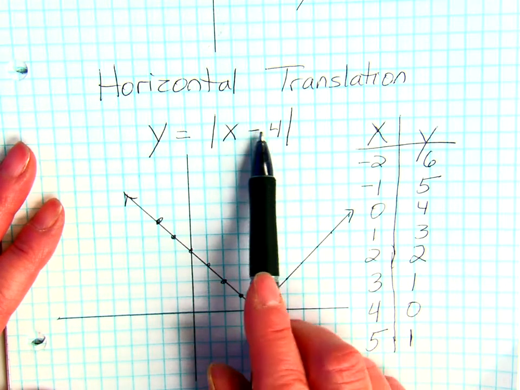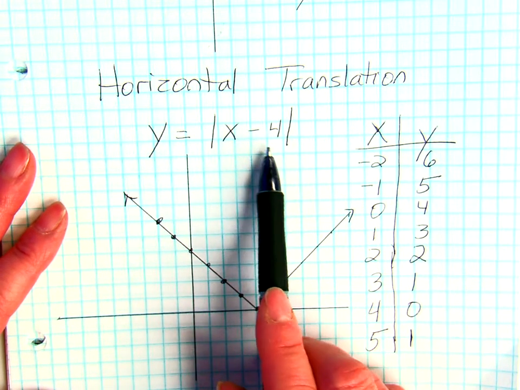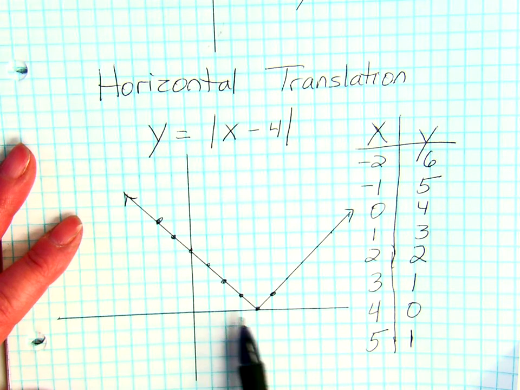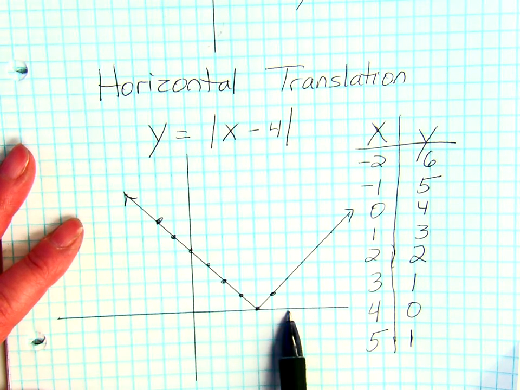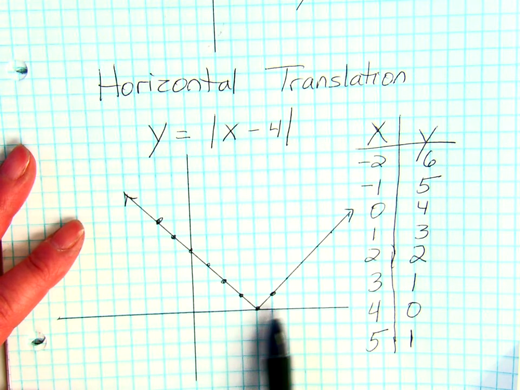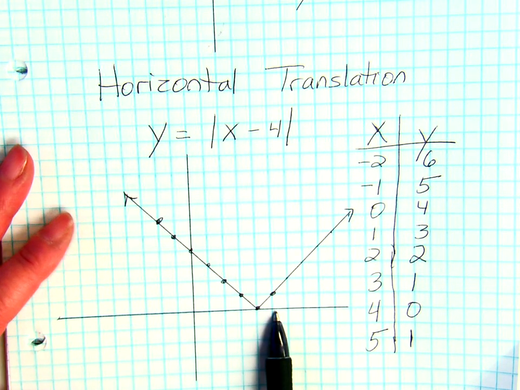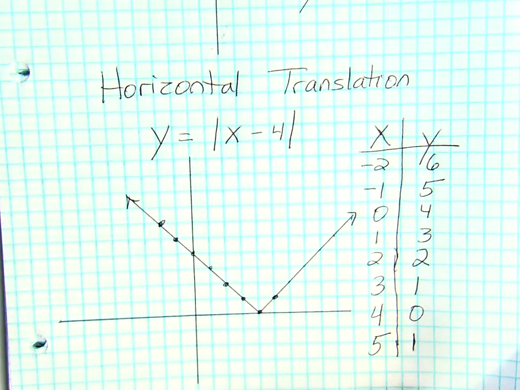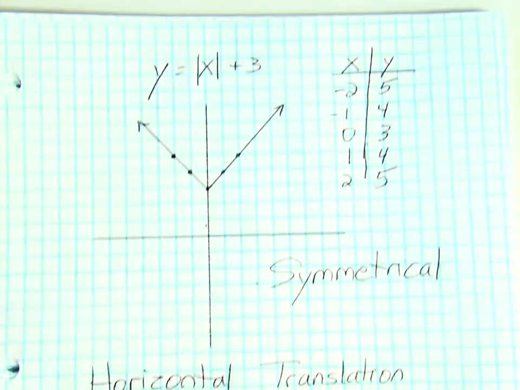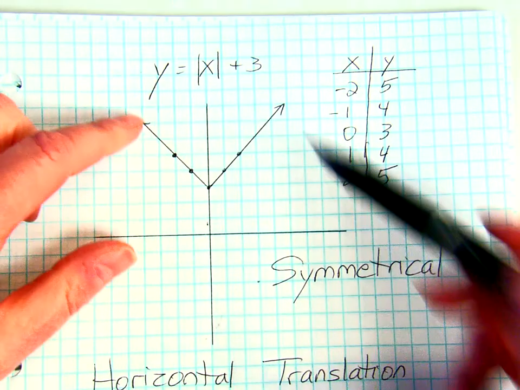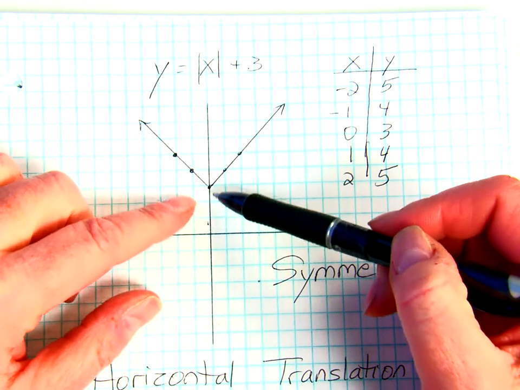I have -4 in here, but I have +4 out here for the fact that I have moved to the right 4 places. So, as opposed to my vertical translation, when I'm adding 3, I'm actually moving this up 3.